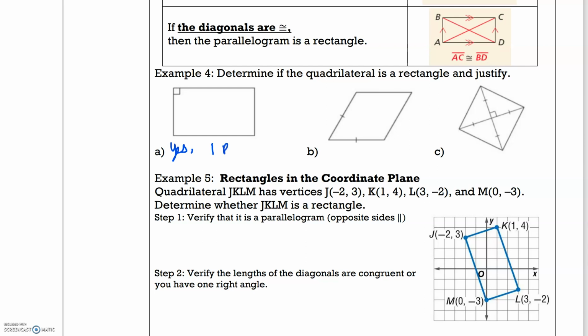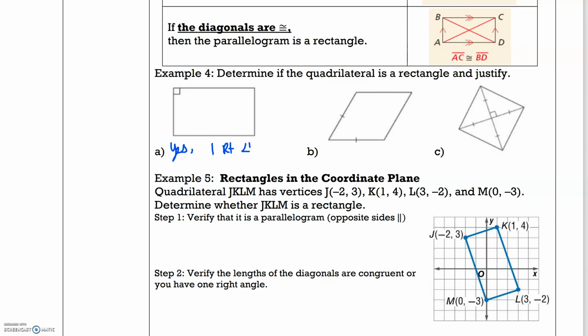We have one right angle. Now, I think it meant to say parallelogram besides quadrilateral, so we're going to go ahead and put up here that these are parallelograms. We're just specifying if it's a rectangle or not.